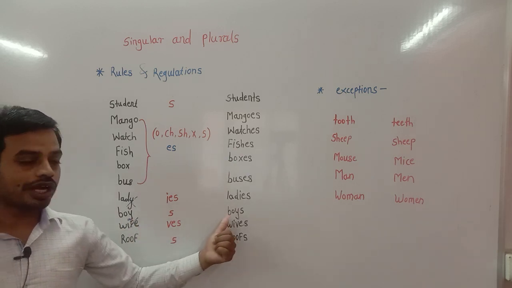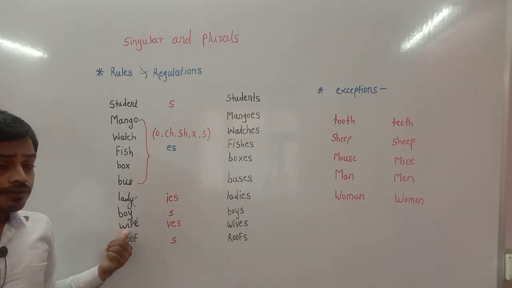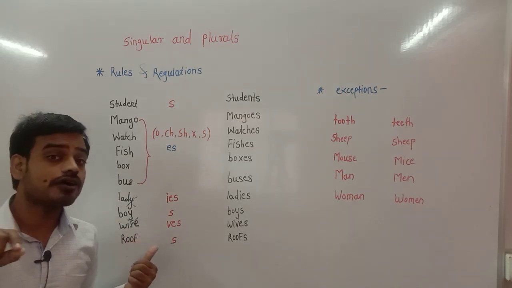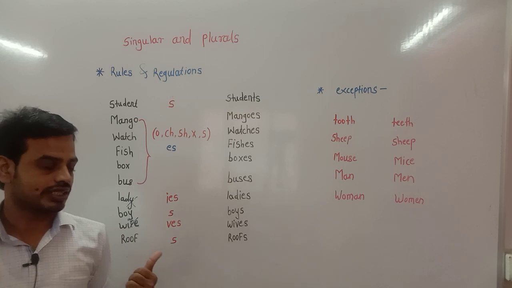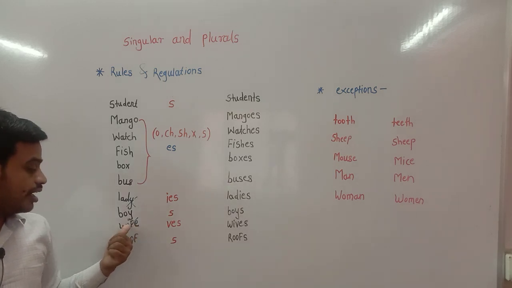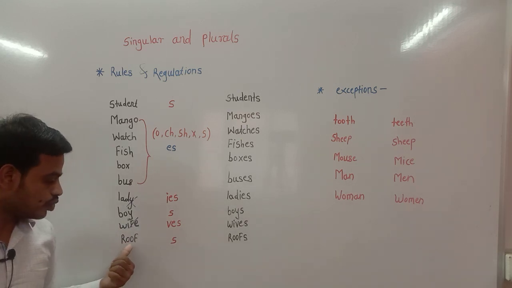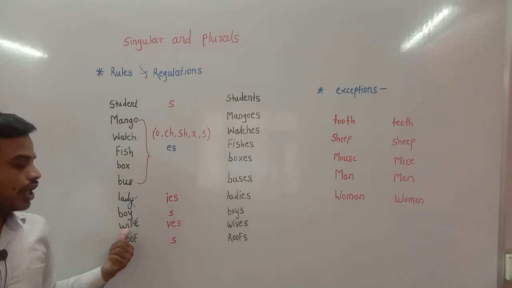Boy, boys; toy, toys. Then if a word ends with F or FE, don't forget, check whether before F or FE there are 2 vowels. Here are 2 vowels, but here is only 1 vowel.